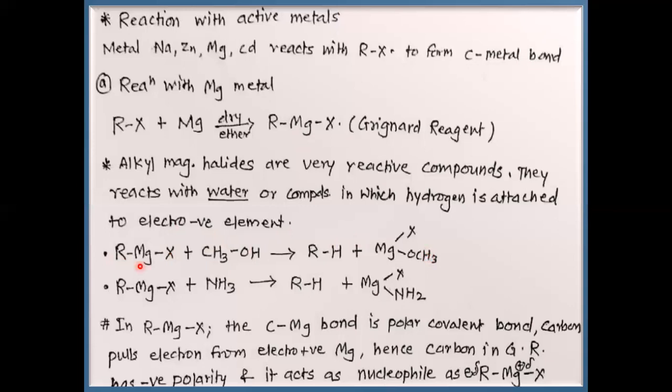Here hydrogen is attached to oxygen, which is electronegative. Here also hydrogen is bonded to nitrogen, which is electronegative. Then it gives the corresponding alkane.